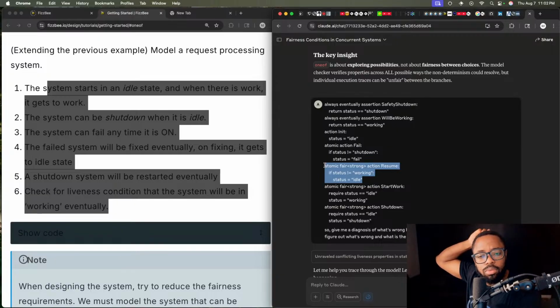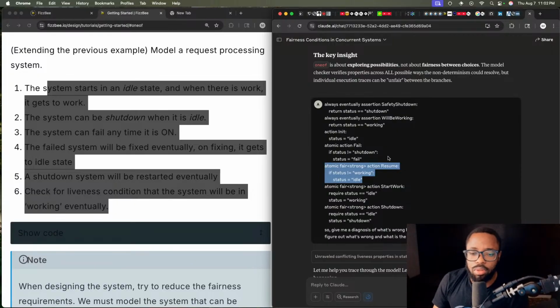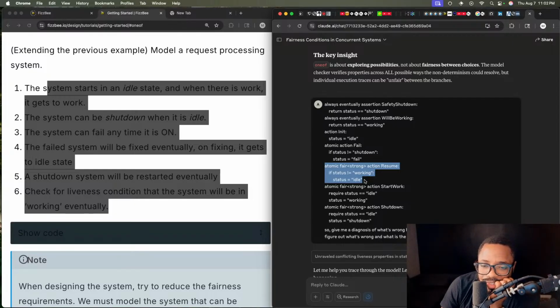And then you will go to fail, or you can go to fail, and then go back to idle, and then go back to fail, and then idle, and then fail, and then idle, and then fail.